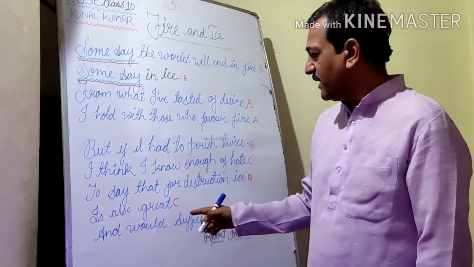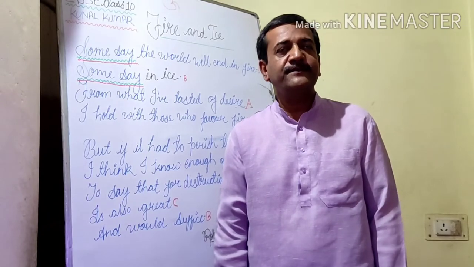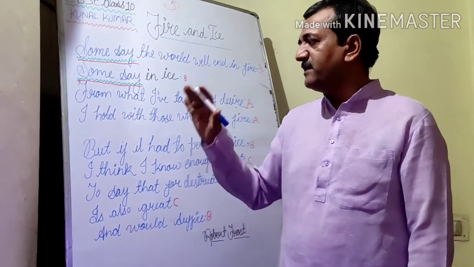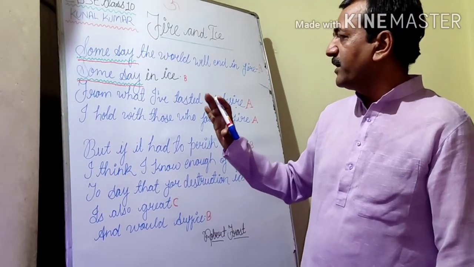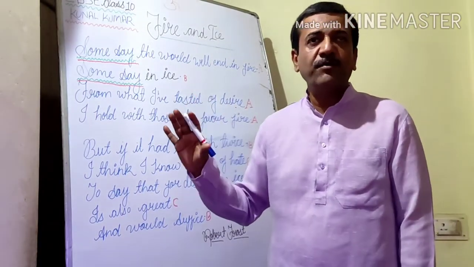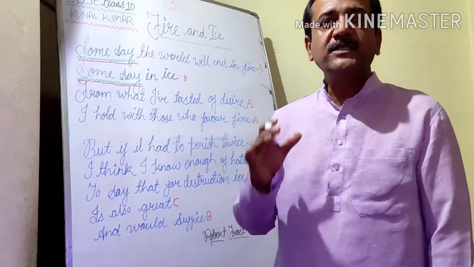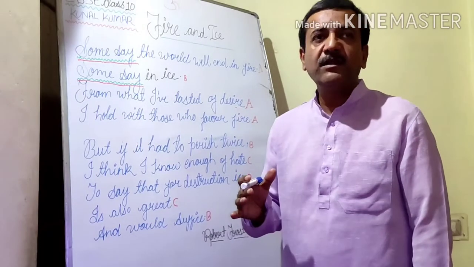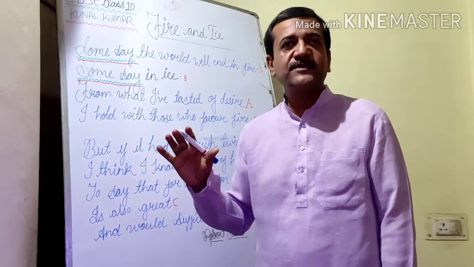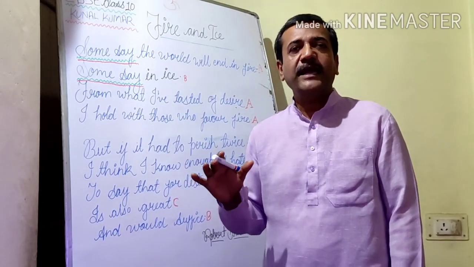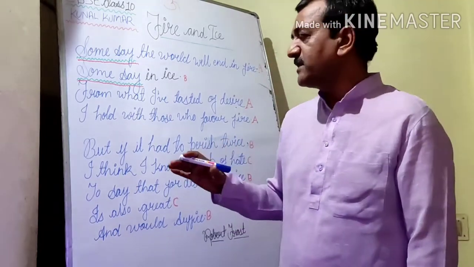Suffice means here, in the last line, the last word is suffice. That means end. So in the second stanza, he concludes that he has this opinion also, whatever I know about the ice, that even ice is strong enough, is sufficient, is capable to finish this world, to finish this planet, to finish this earth, and it may bring a catastrophic end of the world, that is hatred.